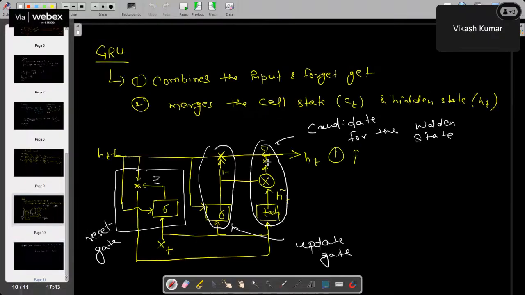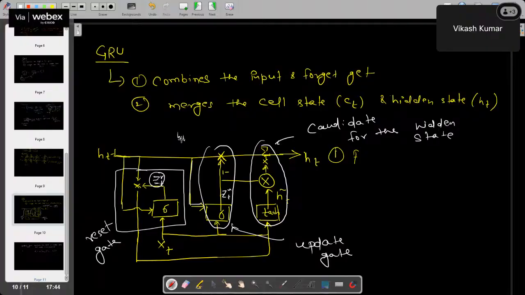So just look at here. If we are saying that this is z, this can also be written as zt, isn't it? You may write it for reset, and for this we can say this is the update, so you can write update. But anyway, some output is there, and that output is going to be multiplied, and this we say is the output gate. So output gate is nothing but, just look at here, what is the input here?